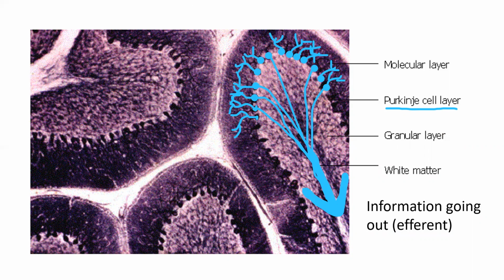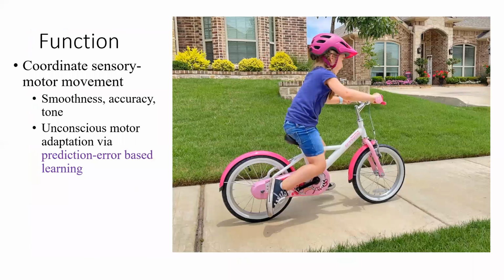When that information is going out, it is all combined into a white matter tract, which leaves the cerebellum through those peduncles that we talked about. And so what the cerebellum does is it coordinates sensory motor movement.